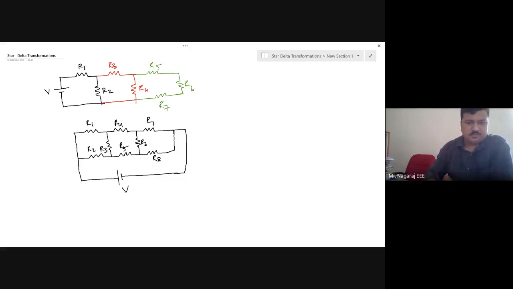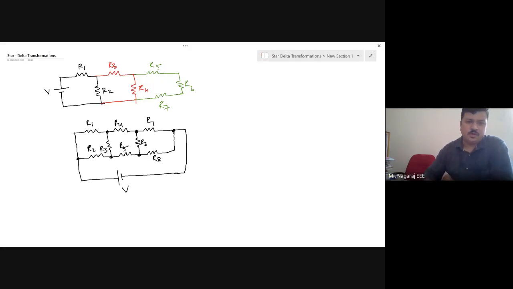Can I say that R1 is in series with R2? These dark dots are the nodes, and if there is a node in between two elements, they are not in series.